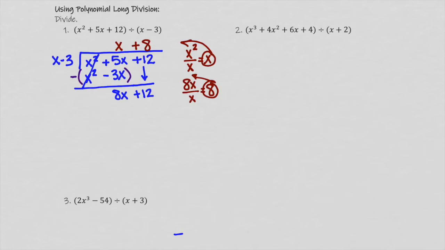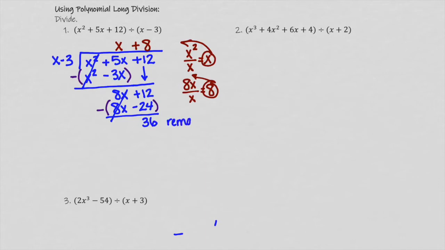Now I take that 8 and multiply it by x minus 3, and I get 8x minus 24. I need to subtract all of that from the 8x plus 12. So 8x minus 8x is 0. That's the goal, always to get that first term to cancel. And then I have 12 minus a negative 24 makes 36.